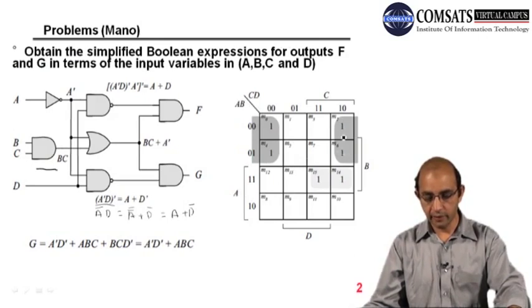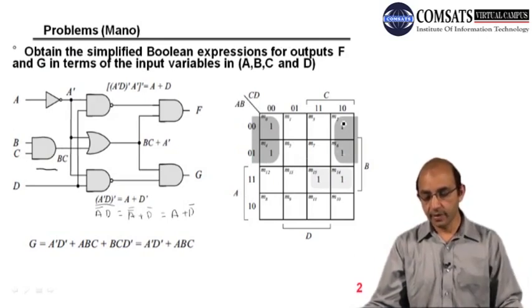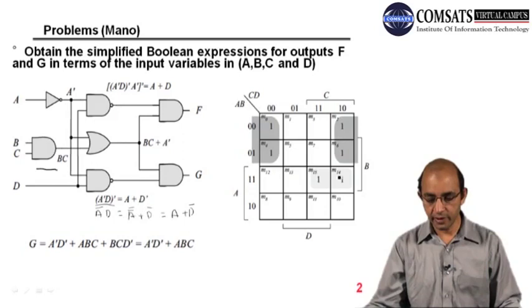So here 1, and we will be having this 1, and overall we will be having M0, M2, M4, M6, M14 and M15.